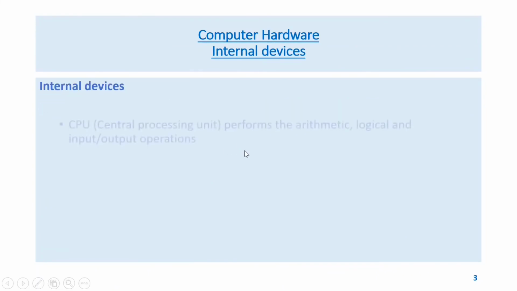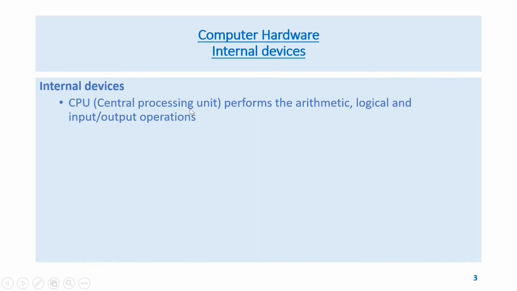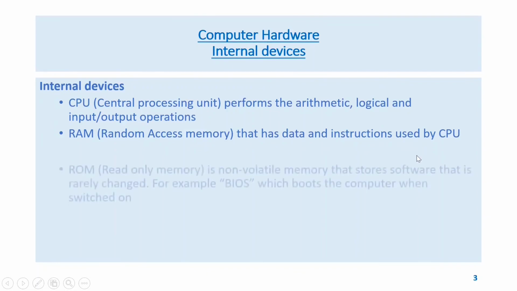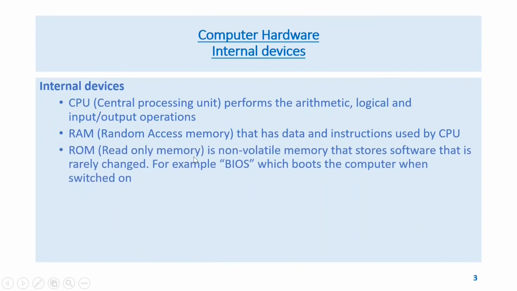Internal devices. CPU, Central Processing Unit, performs the arithmetic, logical and input-output operations. RAM, Random Access Memory, has data and instructions used by the CPU. ROM, Read-Only Memory, is non-volatile memory that stores software that is rarely changed, for example BIOS, which boots the computer when switched on.